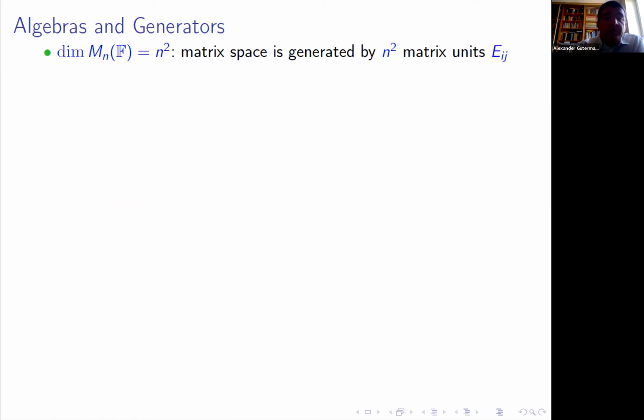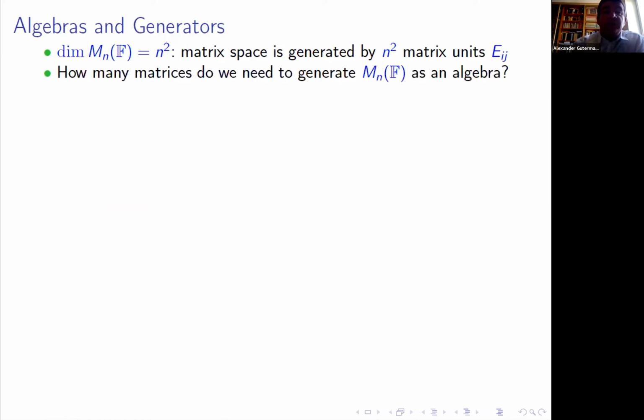Anyhow, before I go into the details, I would like to show you a little bit of the flavor of how this theory works. We all know that if we would like to generate the space of matrices, then we need n square matrices, where n is the matrix size.